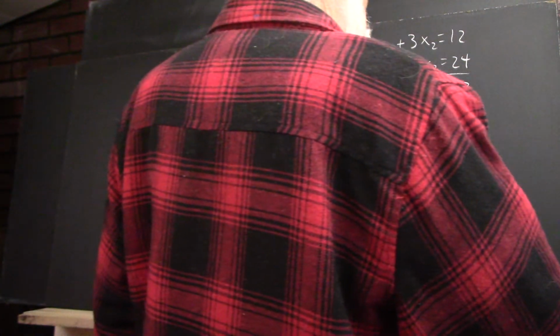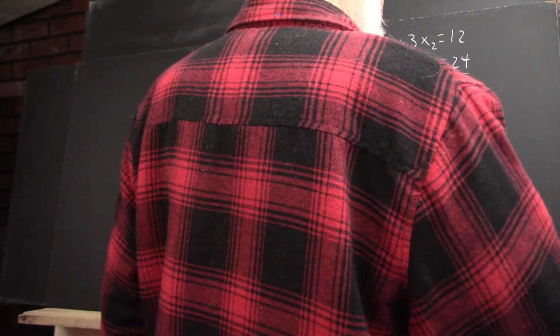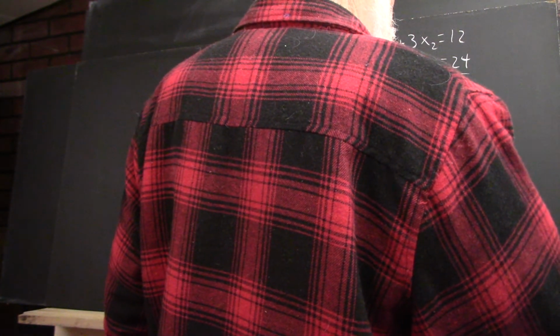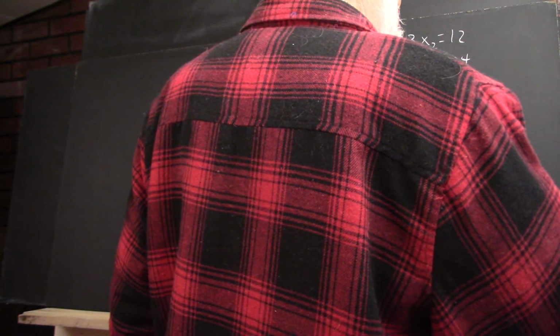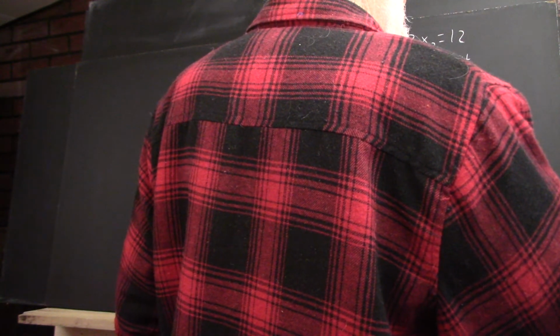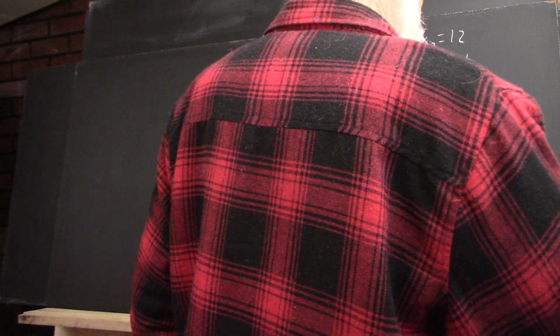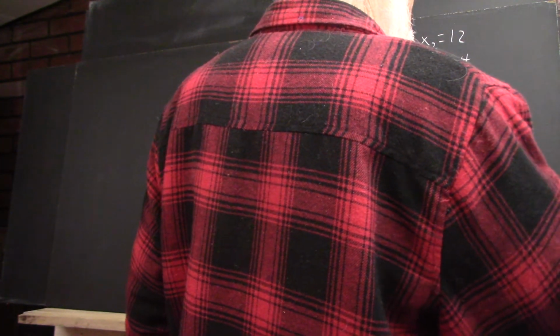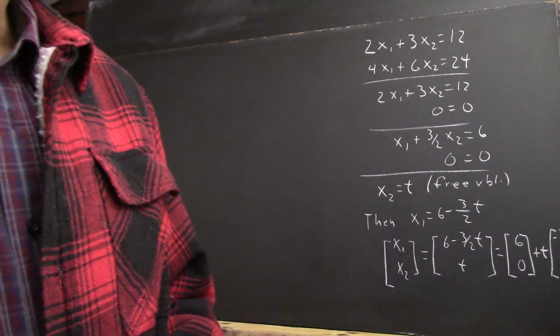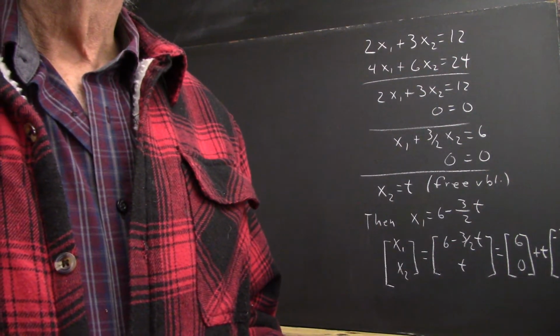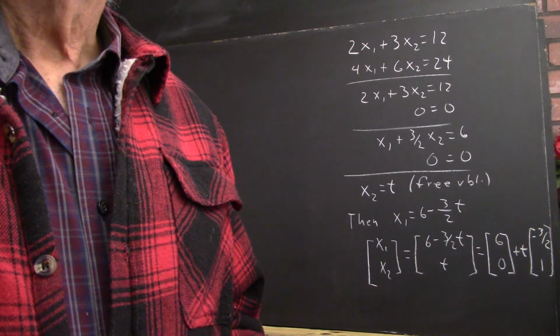This equals the vector 6, 0 plus t times the vector negative 3 halves, 1. And let's be sure that the cameras get all of that.